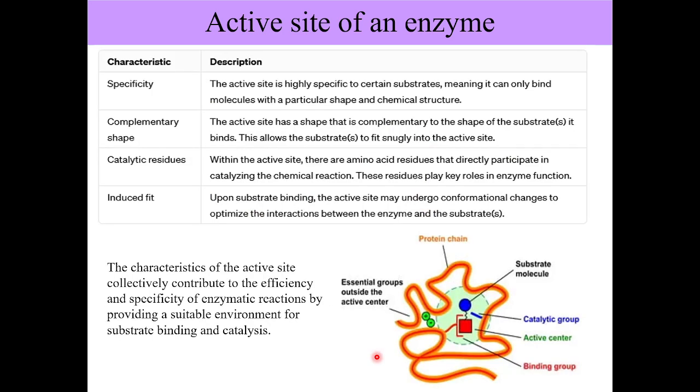Okay. So we will move to the characteristic features of the active site of an enzyme. The first thing is specificity. The orientation and position of the chemical groups, and also the charges of the residues making up the active site of the enzyme, are such that they are just complementary to the chemical groups on the substrate, and therefore there can be non-covalent interactions very easily between the substrate and the enzyme.